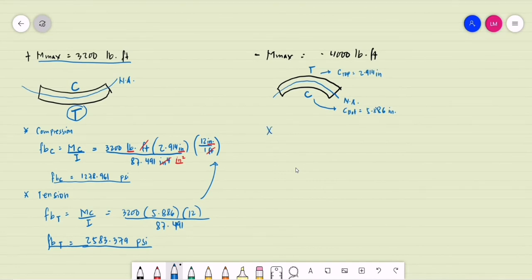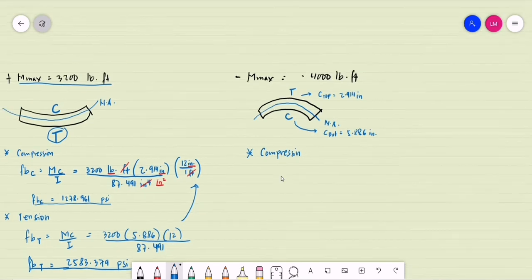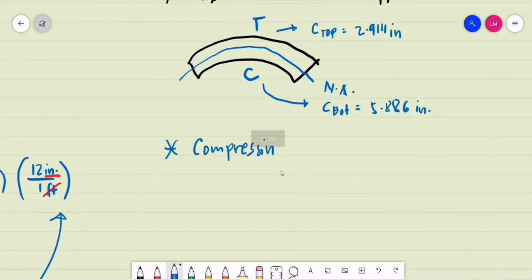First, let us do the maximum compressive stress under the maximum negative moment. This is for compression. So we have F sub B for compression is MC divided by I.